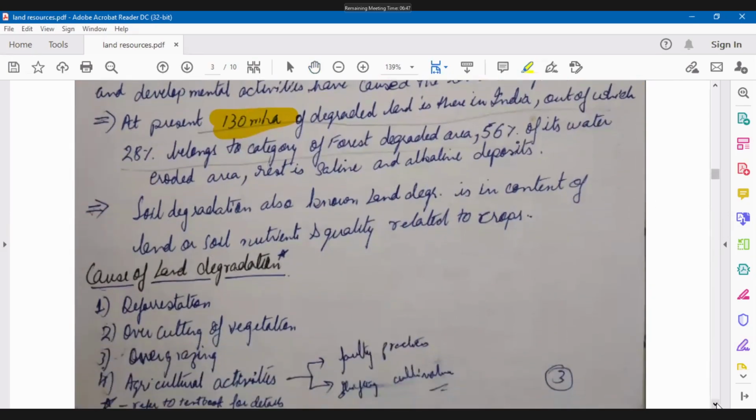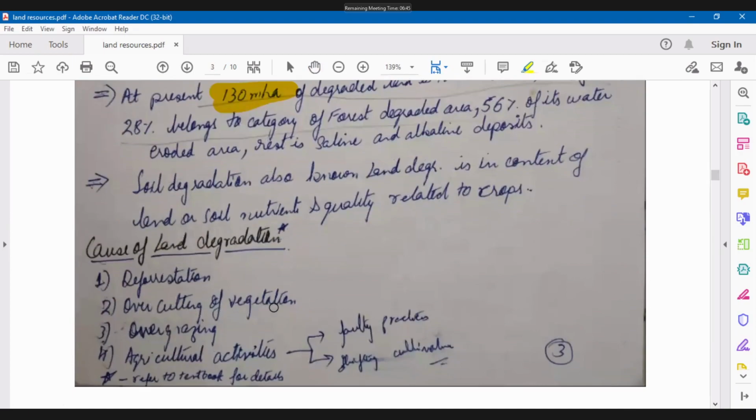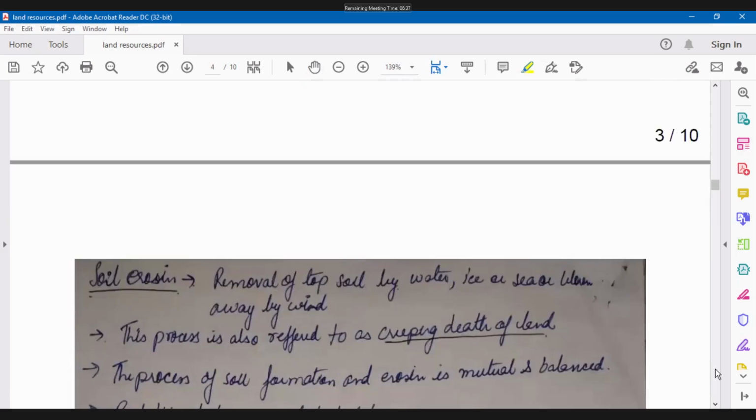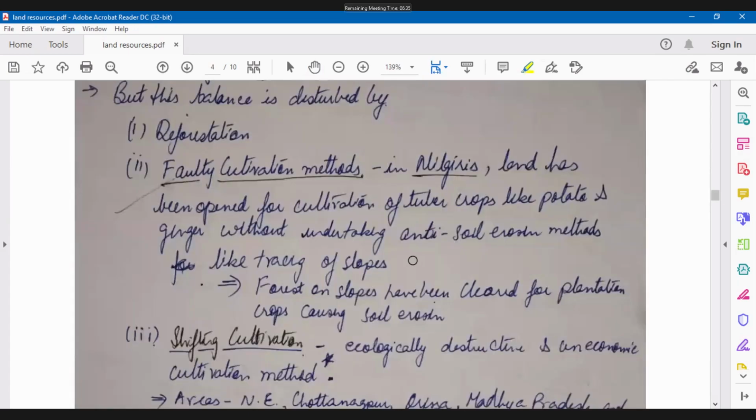Causes of degradation: deforestation, overcutting of vegetation, overgrazing, agricultural activities, faulty practices. So we'll go to faulty practices. For faulty cultivation practices, an example given here is the Nilgiris.